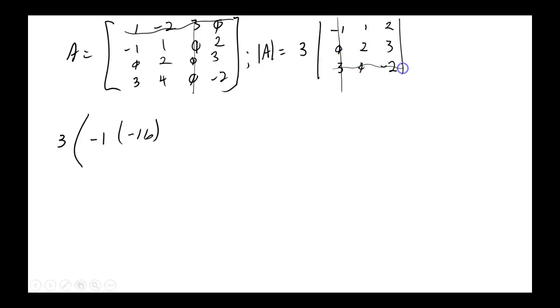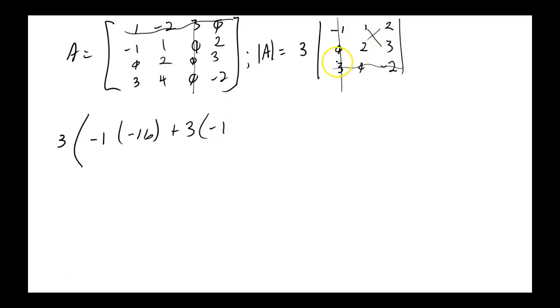Third row. Okay, first, what's the sign of that position where 3 is? Second? It's a plus, so it's going to be +3 times, and what's the determinant of what's left over? Negative 1.